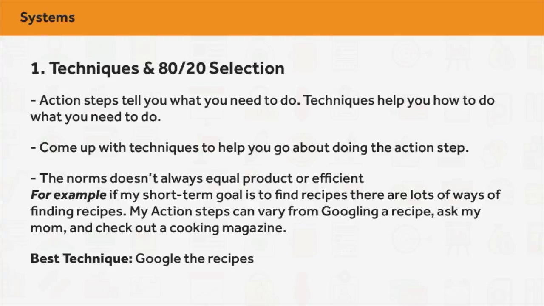For example, if my short-term goal is to find a recipe, there are lots of ways I can find recipes. My techniques can vary from Googling a recipe, asking my mom, or checking out a cooking magazine. But from these 3 techniques, we need to find out which will only need 20% of my effort but yield 80% of the results. This principle is called the 80-20 Pareto's principle.